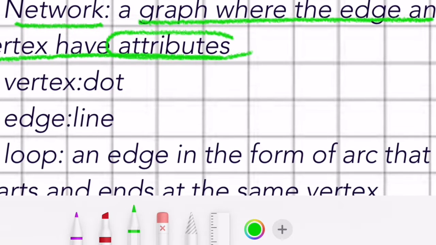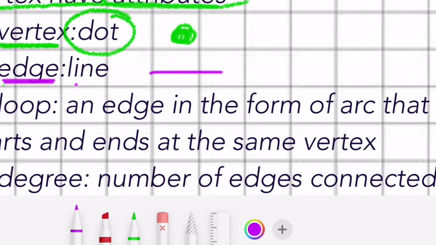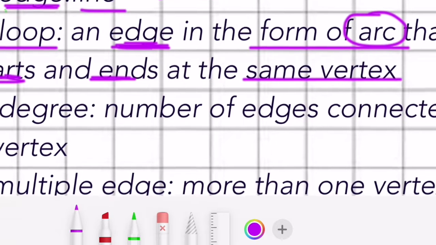So vertex we use dot. Edge we use line. Loop, what it means by loop is an edge in the form of arc that starts and ends at the same vertex. That's definition for loops.